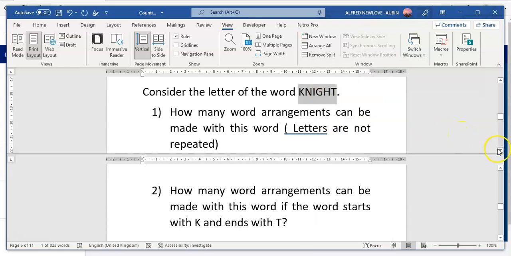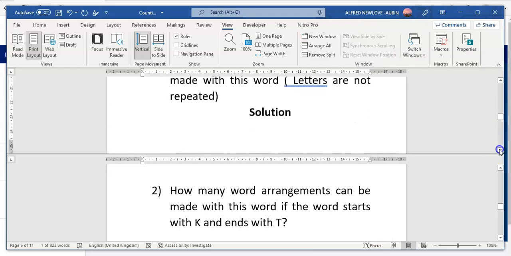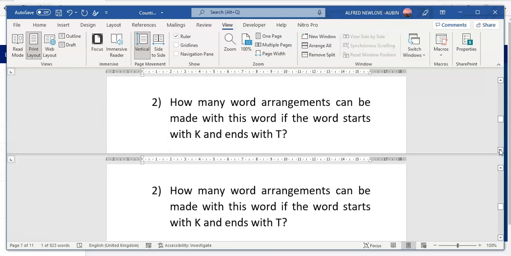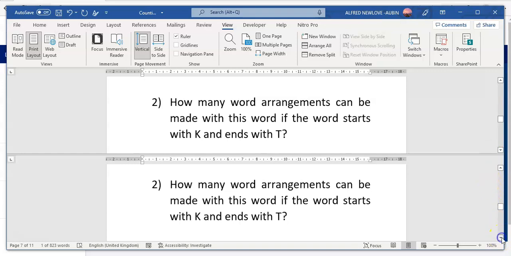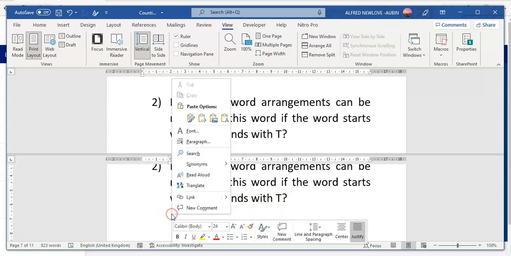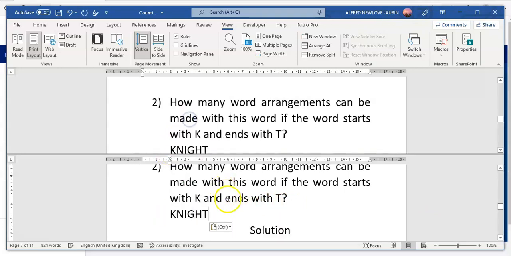Okay, now our question number 2 is: how many word arrangements can be made with this word if the word starts with K and ends with T? Which word are we talking about here? We are talking about night. This is the word we are looking at.